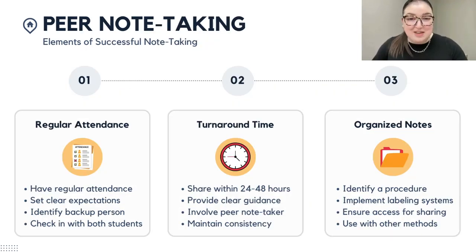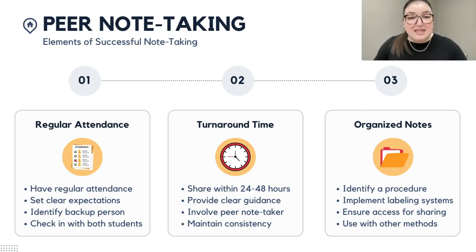There are some considerations for implementing peer note taking in the classroom and making it a successful process for both the peer note taker and the student receiving the notes. The first thing is to consider students who have pretty regular attendance. Obviously, there are going to be cases where students cannot attend class, but the idea is that students should have no scheduling conflicts and know that they will be present for most, if not all, of the classes.